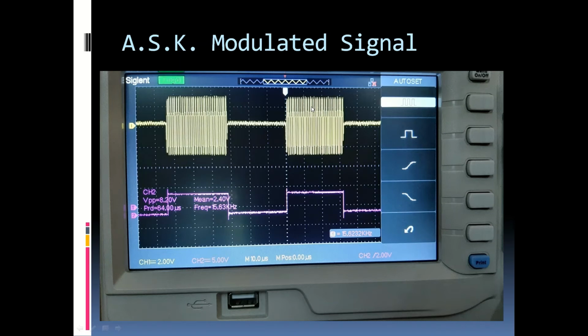So the carrier cycle is either absent if the data is 0, or appears or is on if the data signal is 1, and hence the other name given to this modulation technique is on-off keying.